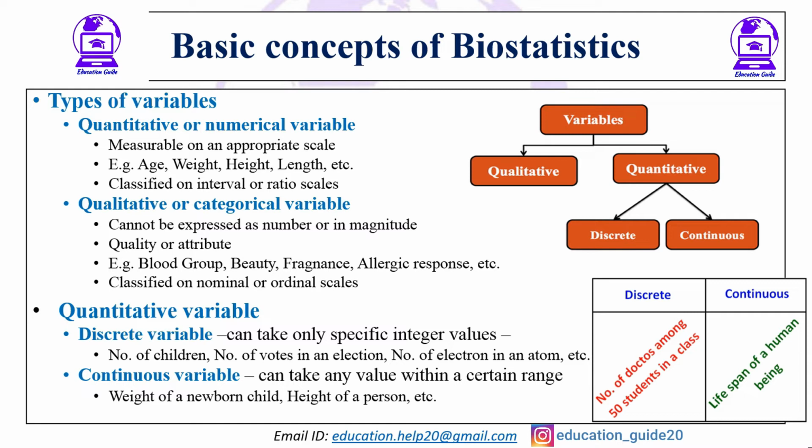For example, number of children, number of doctors, number of voters in an election, number of electrons in an atom, etc. Continuous variables are those quantitative variables which take any value within a certain range. For example, weight of a newborn child, height of a person, lifespan of a person. There can be any value with decimals being possible for continuous quantitative variables.